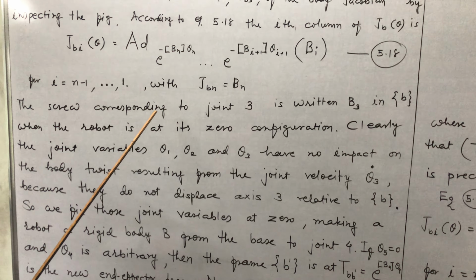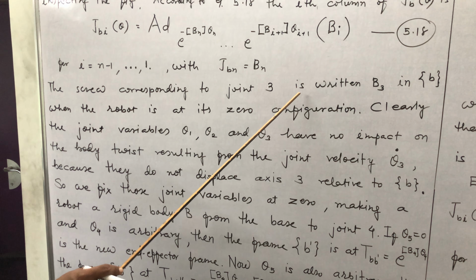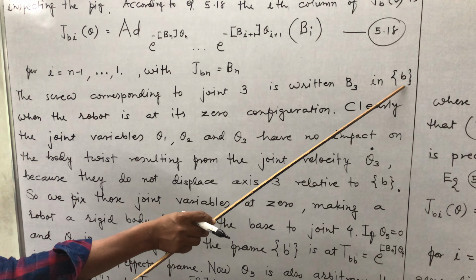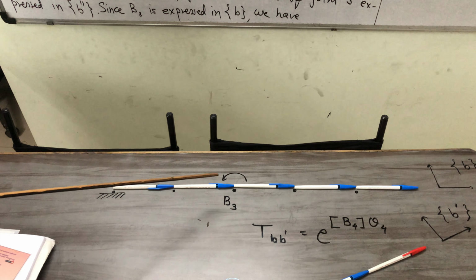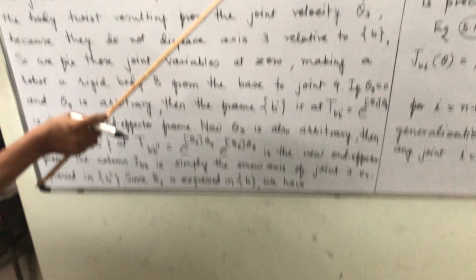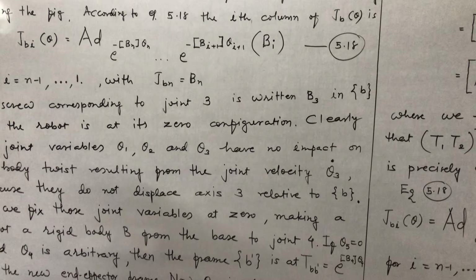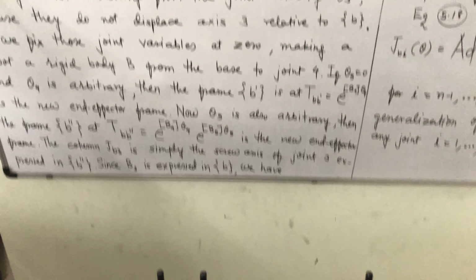The screw corresponding to joint 3 is written B3 in the B frame. This one. First joint, second joint and third joint. It is written B3 in the B frame, the body frame.